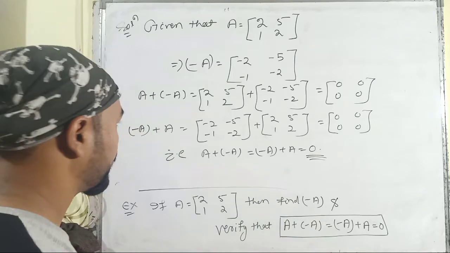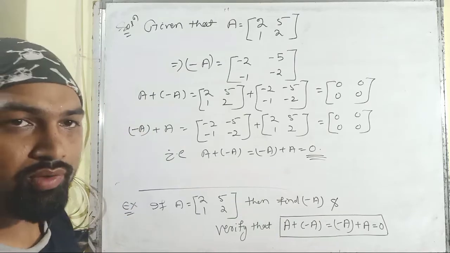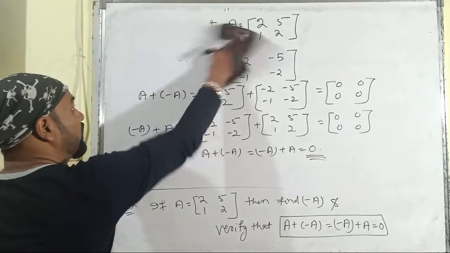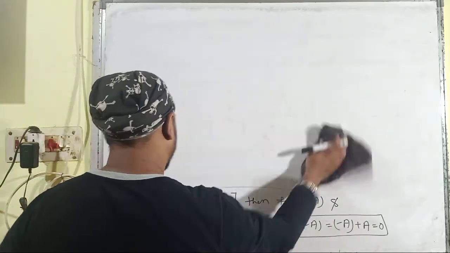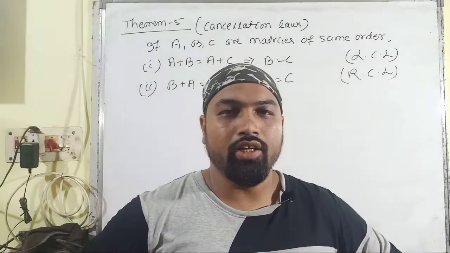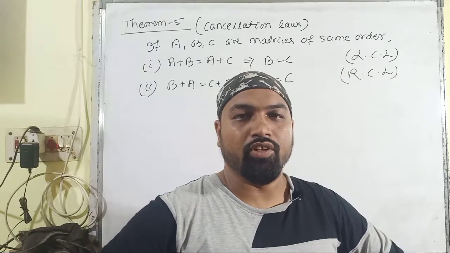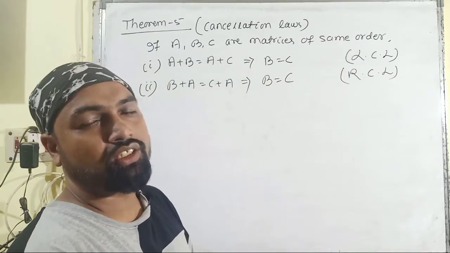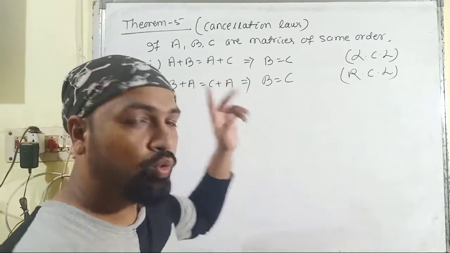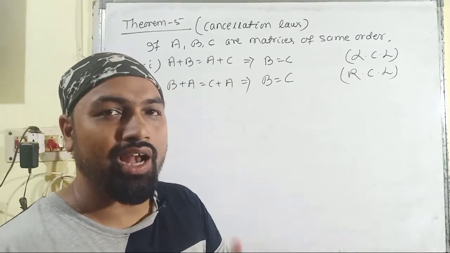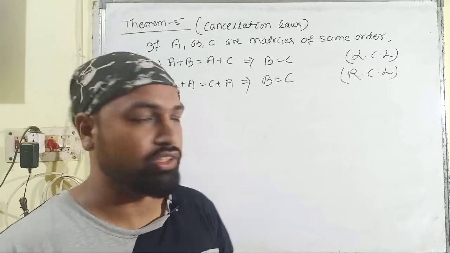Then let us move to the cancellation laws, which is theorem number 5. Let us consider three matrices A, B, C of the same order. Then two types of cancellation laws are there, left cancellation law and right cancellation law.